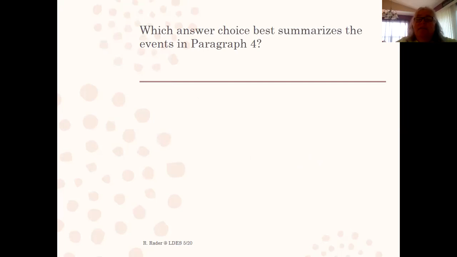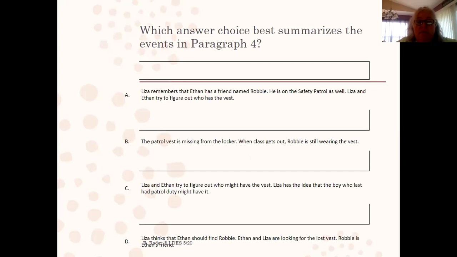So which answer choice best summarizes the events in paragraph 4? A, Lisa remembers that Ethan had a friend named Robbie. He is on safety patrol as well. B, Lisa and Ethan try to figure out who has the vest. The patrol vest is missing from the locker. When class gets out, Robbie is still wearing the vest.